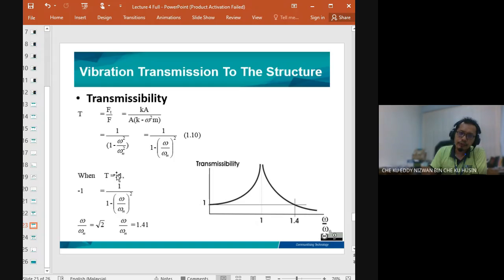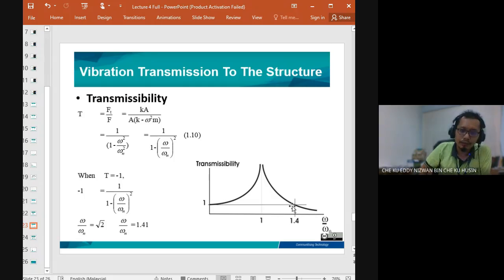The negative here refers to the direction, because it is positive in phase before 1. If the excitation frequency is greater than the natural frequency, it goes negative, until it reaches -1, and beyond that the transmissibility will be lower than 1.